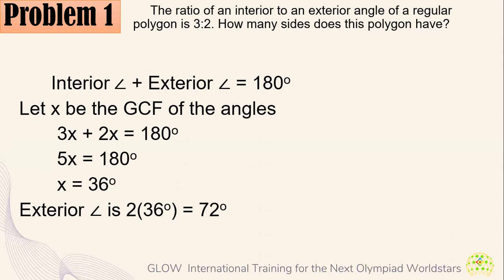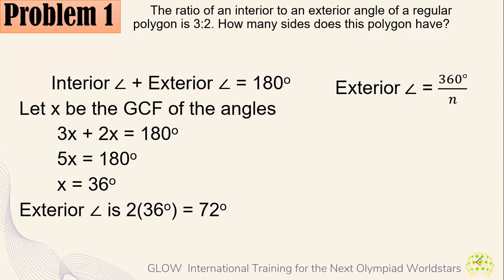We know that a basic concept in geometry is that the exterior angle of any regular polygon is equal to 360 degrees divided by n. And so we are given the exterior angle, which is 72 degrees, and we will be solving for n.